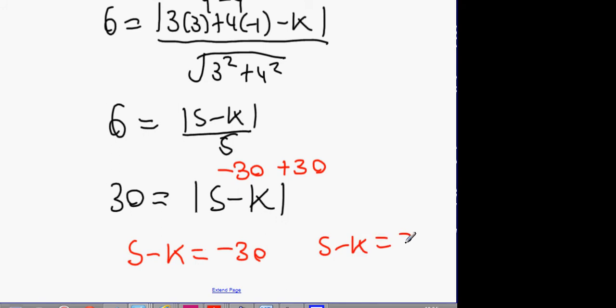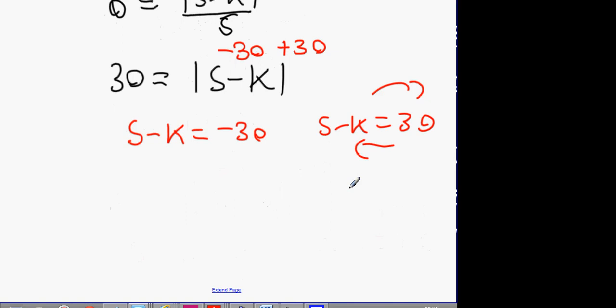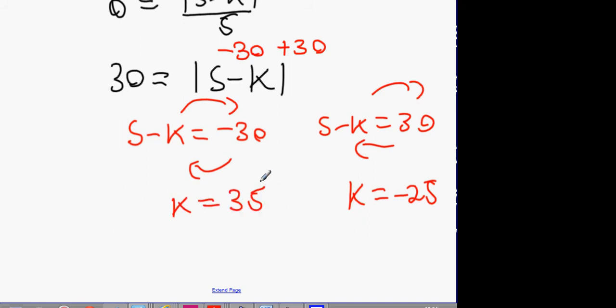Much quicker, what I'll get is k equals minus 25, or k equals 35. Much faster than the quadratic way. Does anybody want me to do the quadratic way as well? No. You happy enough? Okay.